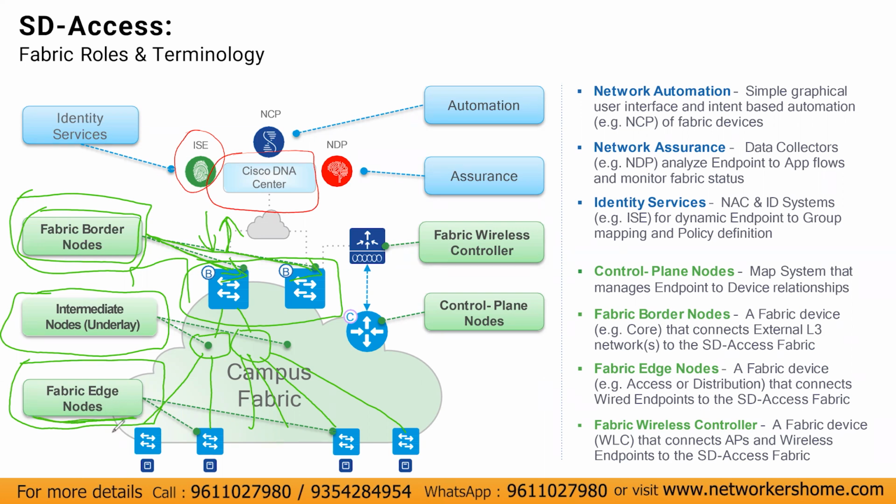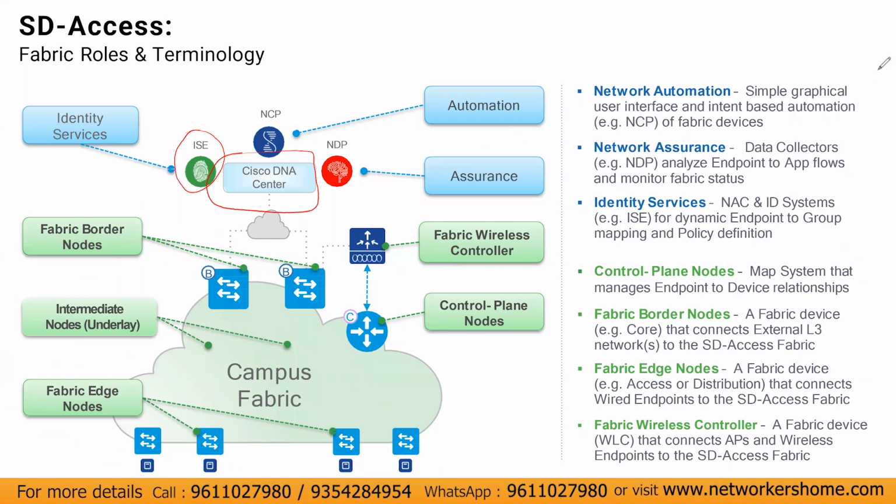Any endpoint has to connect to the edge nodes, nothing else. You cannot connect your endpoint with any of this. Any endpoint, be it wireless, wired, anything, it has to go to this. Even the access point either connects to this or you have an extended node. But every traffic coming from the endpoint comes from the access node only, nothing else.